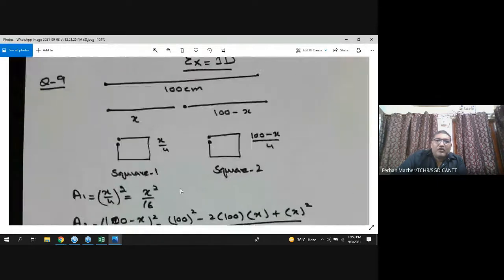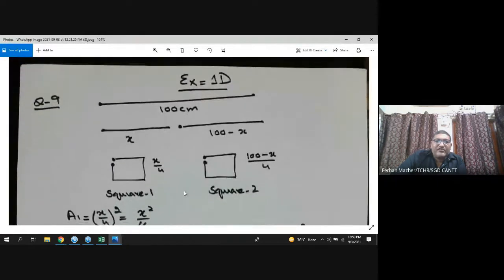Okay, so hopefully you can see this. This is showing up on your screen. Exercise 1D, question number 9. We have a wire which is 100 centimeter long. I cut it into two pieces. One piece is x centimeter long. The other piece will be 100 minus x. So we bend them to make squares.